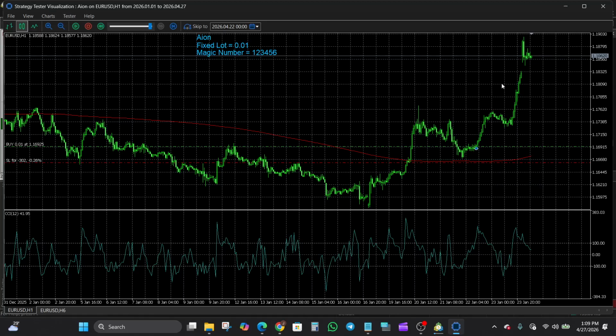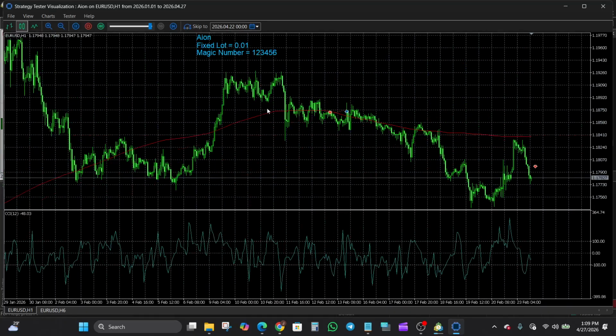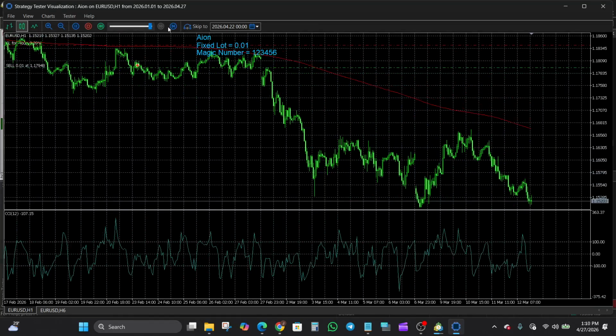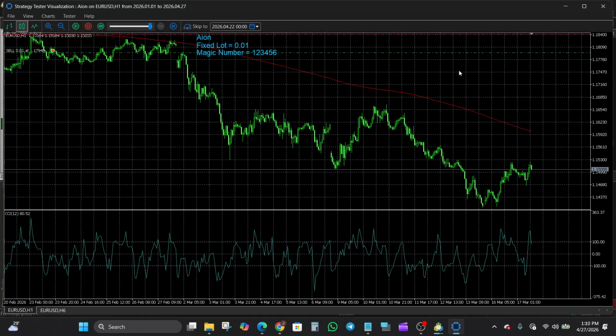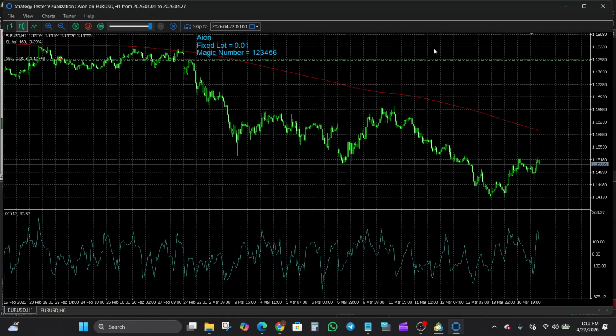Now, as price continues, we can see that the EA is holding the position without interference. This is not a scalping in and out system. It's allowing the trade to develop based on momentum. So I'm just going to continue the test so we can see that more trades are being executed. Now we have a sell trade that has been executed alongside a defined stop loss.